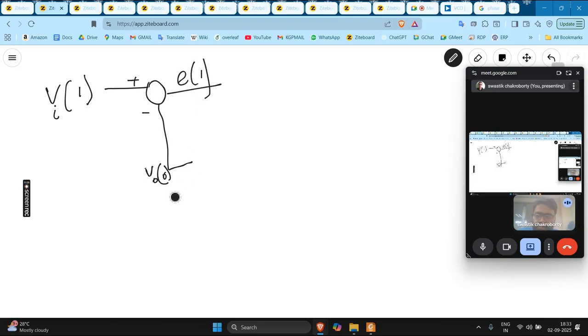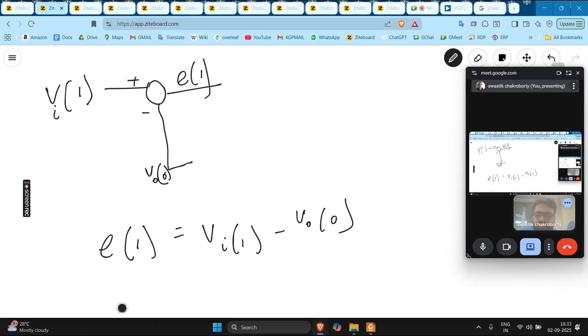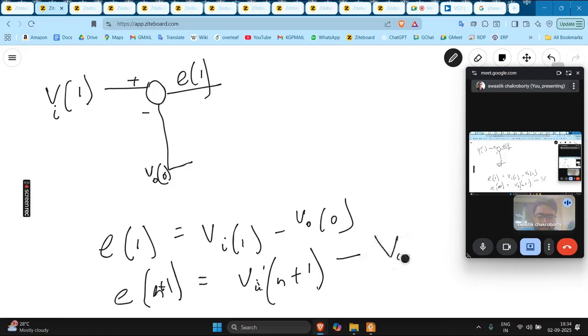So the previous output and the new input. So E1 is Vi1 minus V0 0. So in general, En is Vin. Now En plus 1 is Vin n plus 1 minus V0 n.